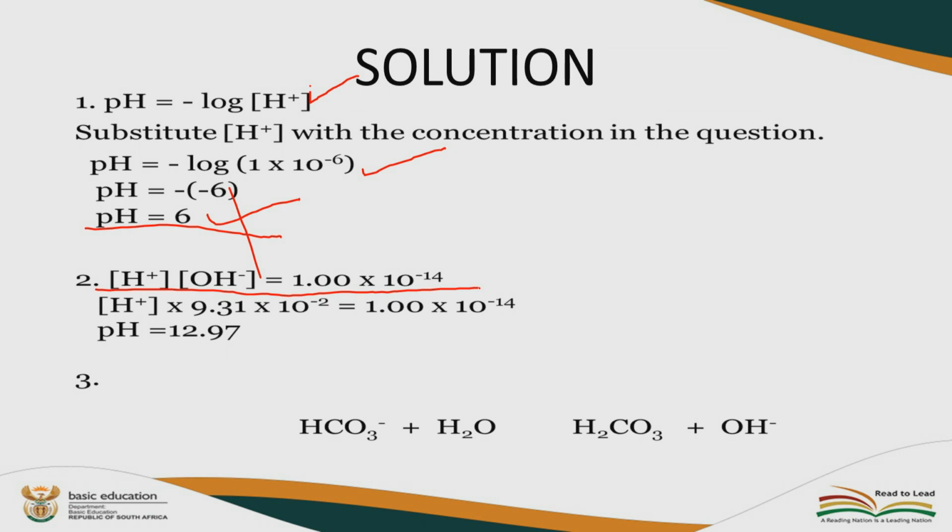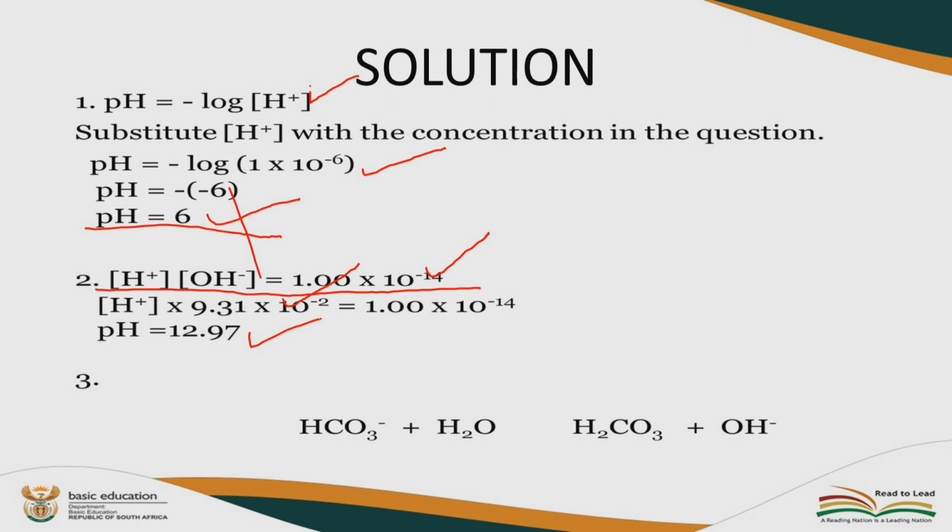Then we are going to give another mark for the correct substitution. So this one is a little bit higher level as compared to the first one. And also for you to correctly identify the value of the KW from the data sheet, because of course the value of the KW will be given to you in a data sheet, you are also going to get a mark.